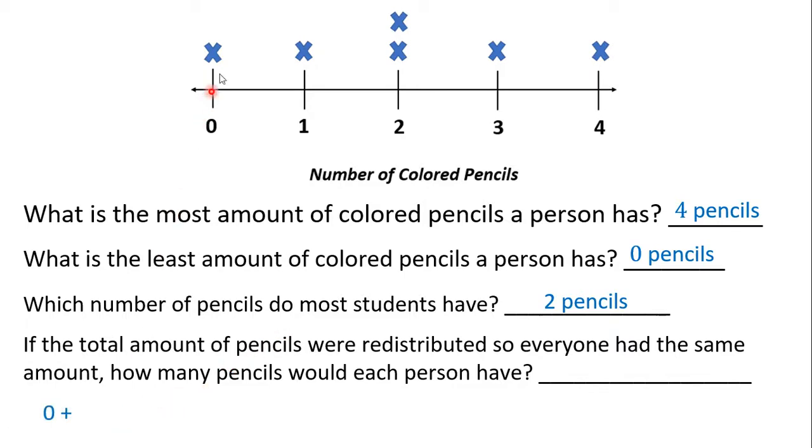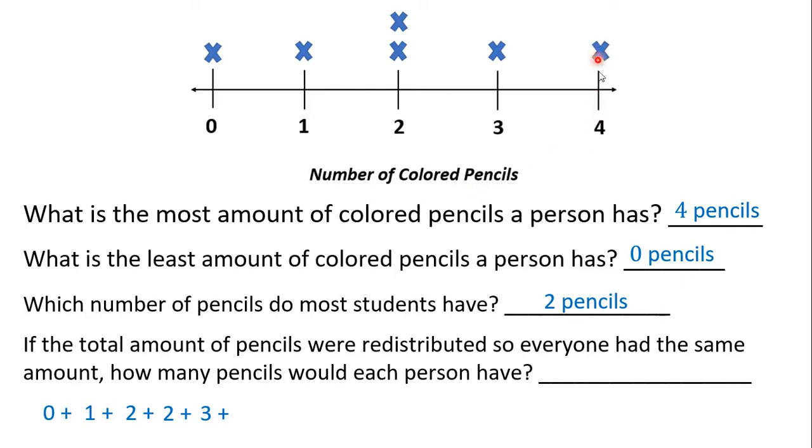Well, we'll start here at the beginning. One person had 0 pencils. Another person had 1 pencil. One person had 2 pencils, and another person had 2 pencils. Since there's 2 X's above 2, we need to add 2 two times. Now, a student had 3 pencils, so we'll add 3 here.